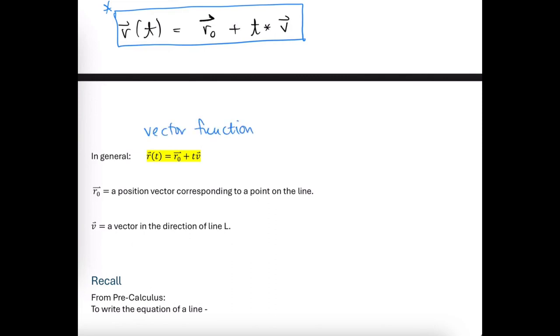We basically need to take any point and turn that into a vector, which is going to be considered our position vector, right? And then we're going to find a direction vector, and that vector in the direction of line L will be multiplied by our parameter, and that will be the function that we're calling the vector function for the equation of a line.